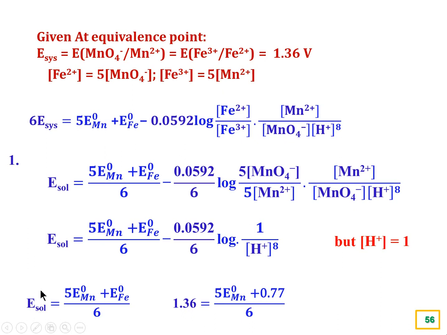And E of the solution at equivalence equals 1.36 volt. E0 Fe is given, so we calculated E0 of the couple Mn, which is equal to 1.47 volt.